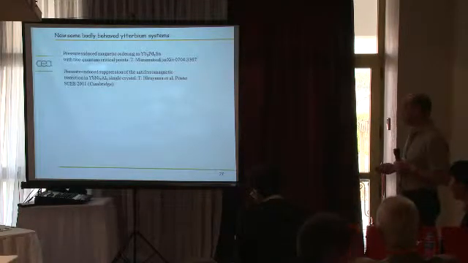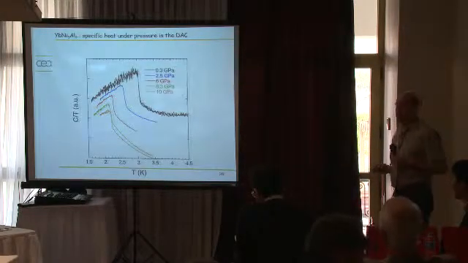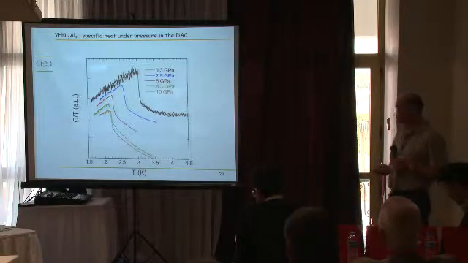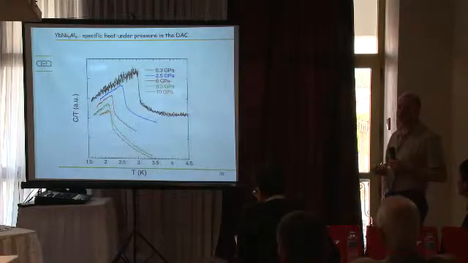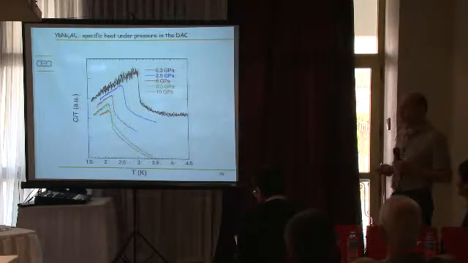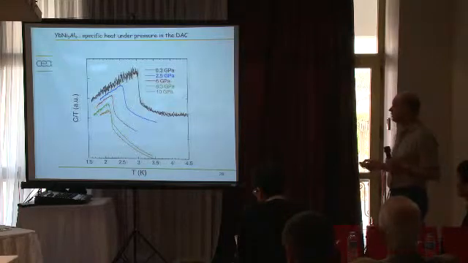So we wanted to check this, so we grew single crystals of this material. In this system, the magnetic order appears very clearly as a sharp transition in the specific heat. So it's a good candidate for measuring the phase diagram using specific heat, which we've done. So you see here this transition.